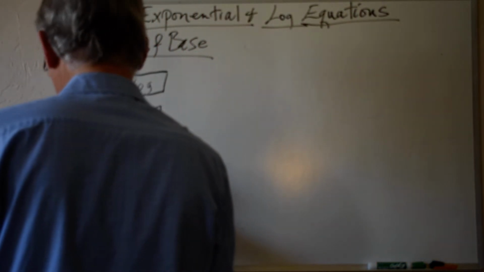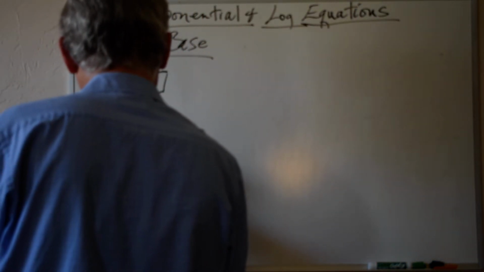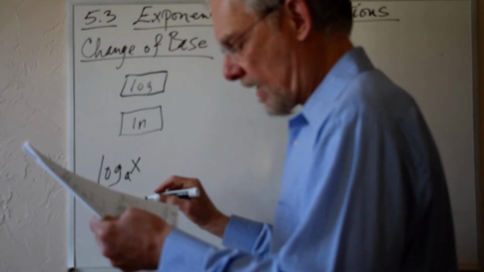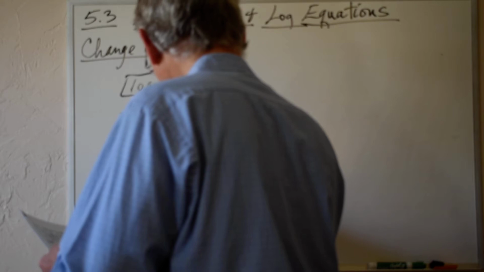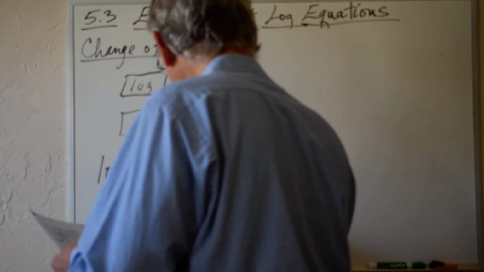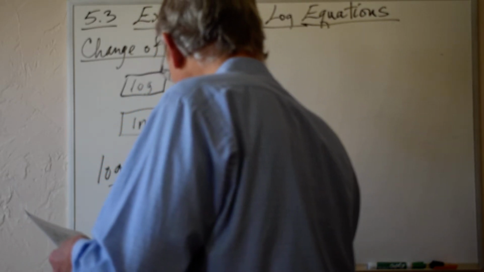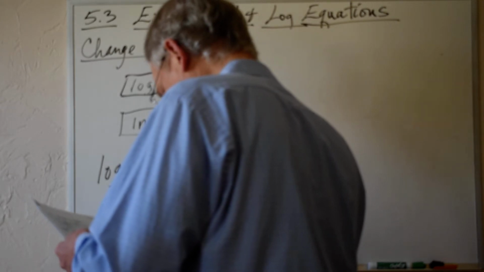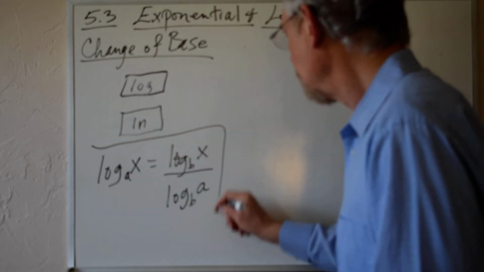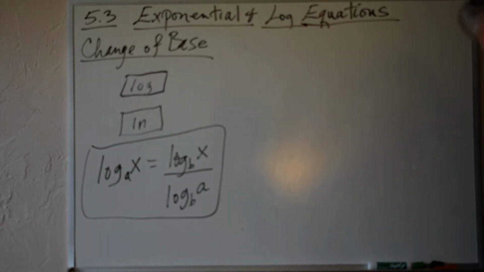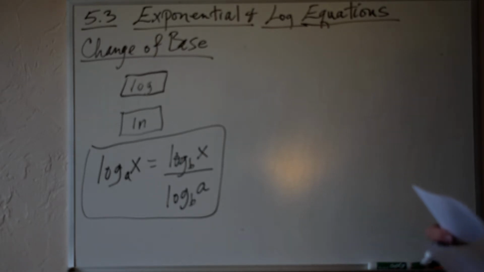Well, we have this formula. The log of x to the base a is equal to the log of x to the base b divided by the log of a to the base b. That is on page 347 of your textbook.